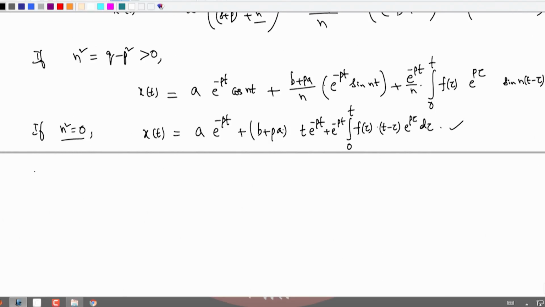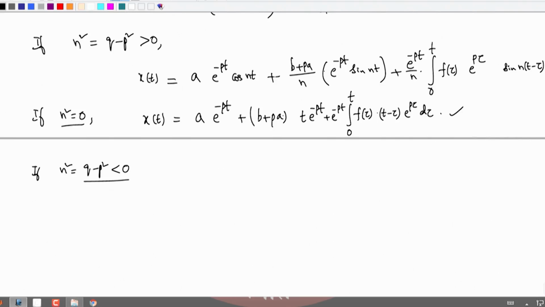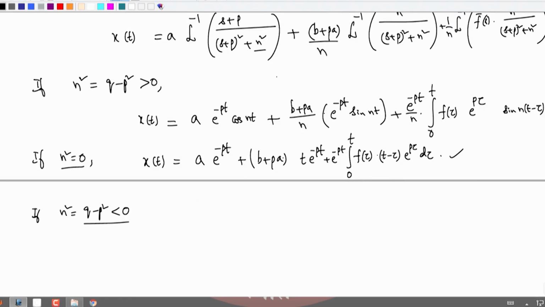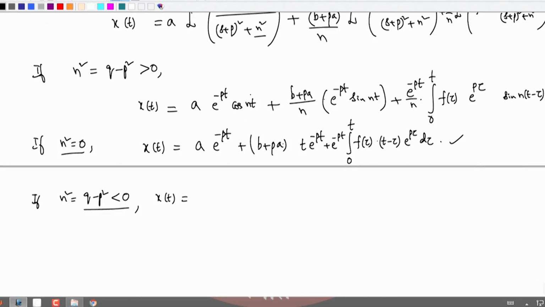Similarly, if n square, which is q minus p square, is negative, you can write this as s plus p whole square minus n square, that is n square positive with a minus sign. So, in this case you can have x of t as simply, cosines will become cos hyperbolics.